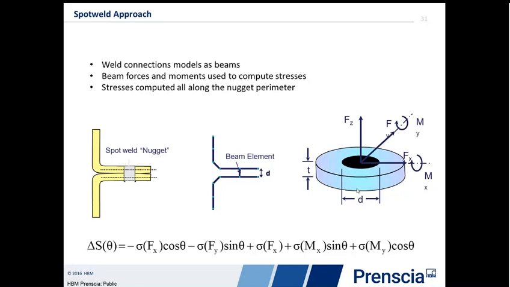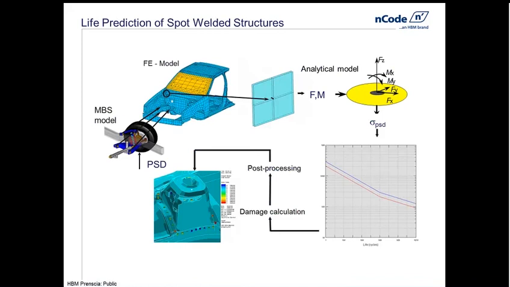However, now they're no longer histories, they are PSDs. Again, we're bringing in inputs that would be a PSD input to my structure. I get forces and moments out that are now frequency response functions. From there, I can calculate a PSD of stress at every point around the perimeter of the weld nugget and use that to do the weld fatigue.